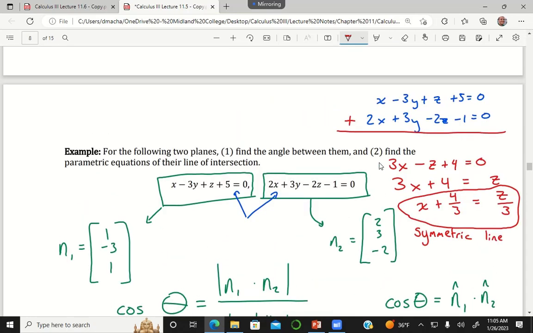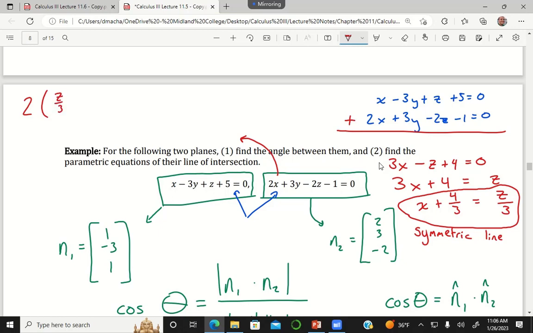What I can do to figure out what y is going to be is substitute. I'll take this equation for this plane, but I'm going to replace x with z over 3 minus 4 over 3.